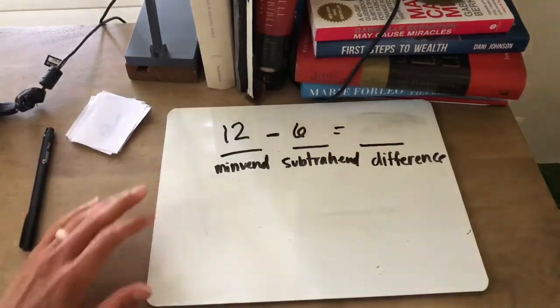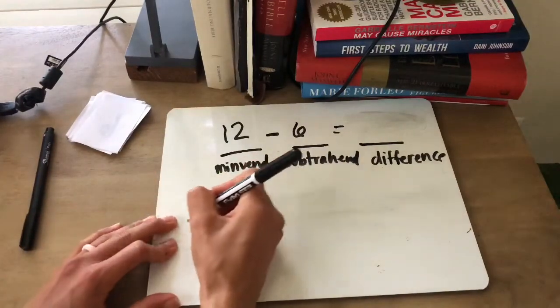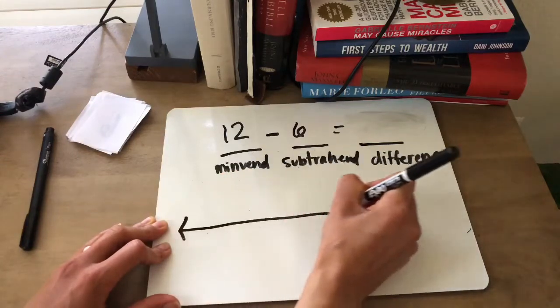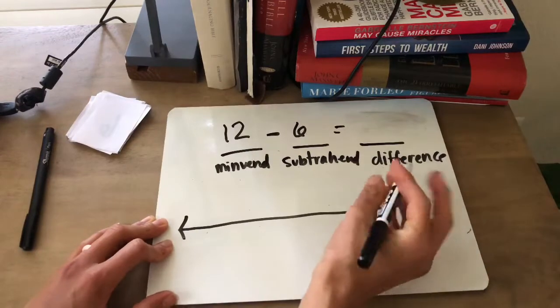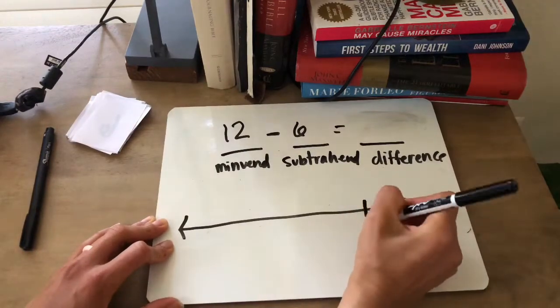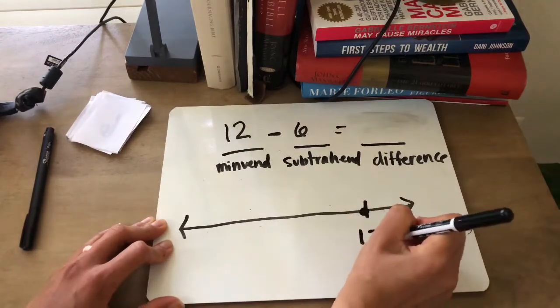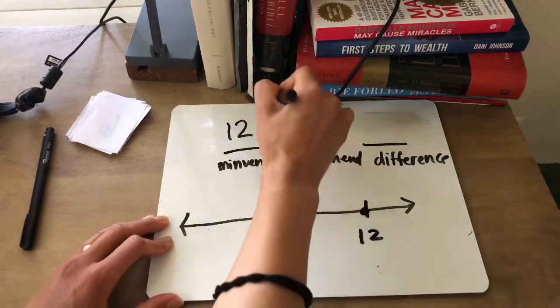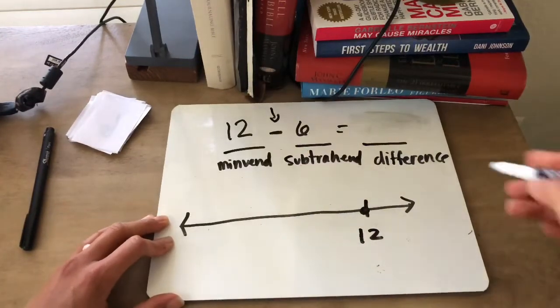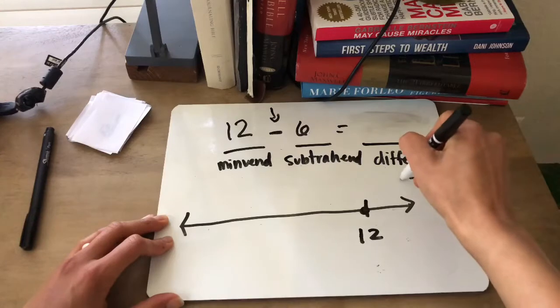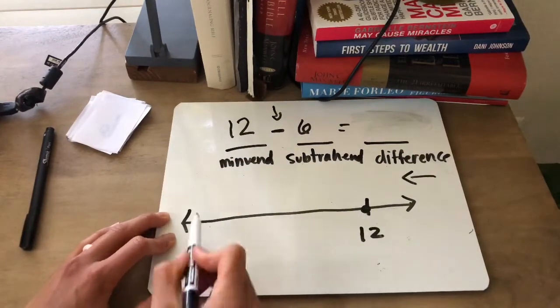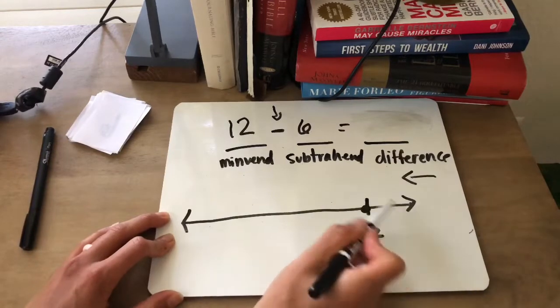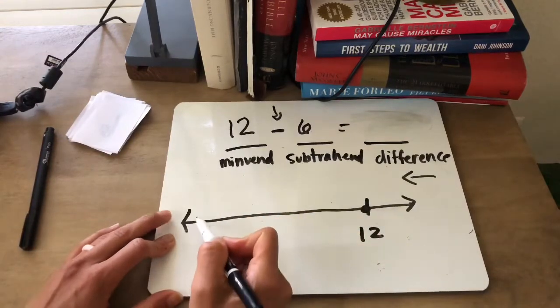Now, I'm also going to use a number line. In an open number line, I'm going to start with the number 12, and I'm going to place it on the right side. That's where my first point is going to be, because I know that when I subtract on the number line, I'm going to jump backwards, because I'm going to take away. Moving forward is adding, and jumping backwards is subtracting.